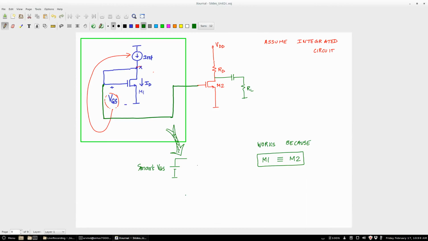Okay. Now, why does this work? It works because your M1 is identical to M2.